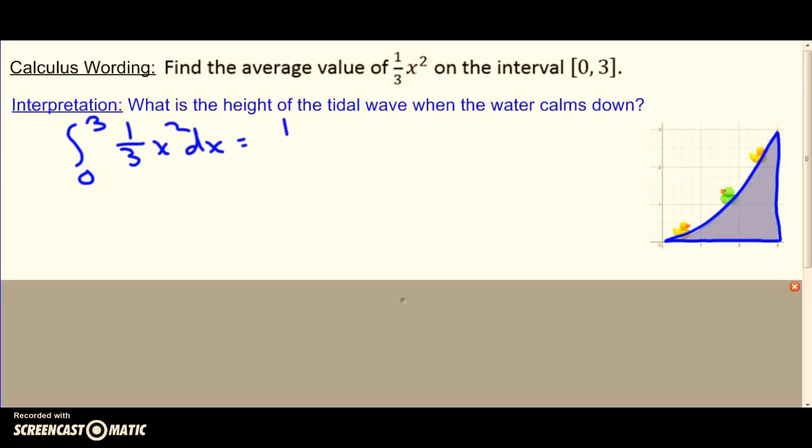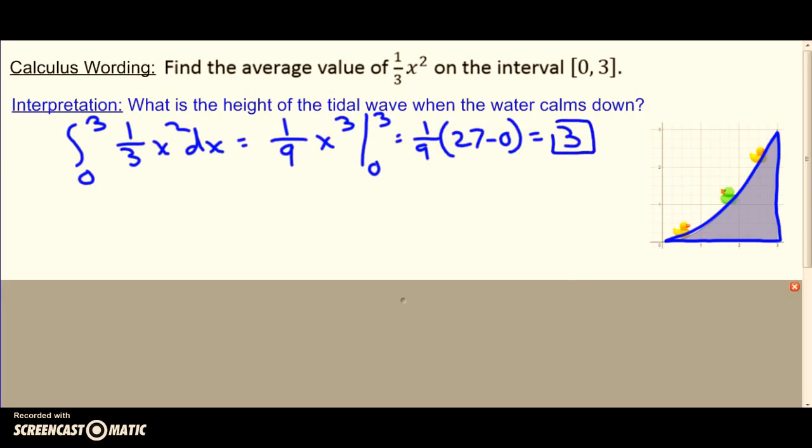That integral becomes 1/9 x cubed from 0 to 3, which equals 1/9 of 27 minus 0, which equals 3. Now that, again, is the total amount of water. We have not found the average value yet. We've just found what this blue region is worth.